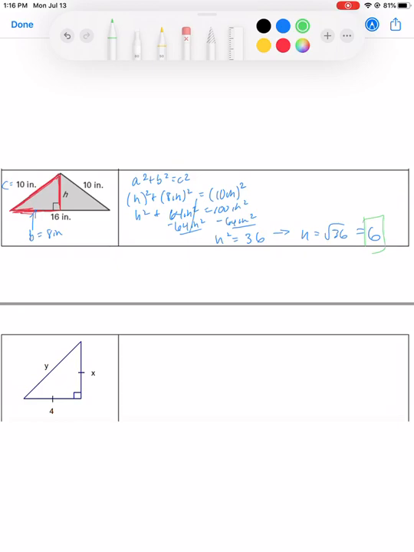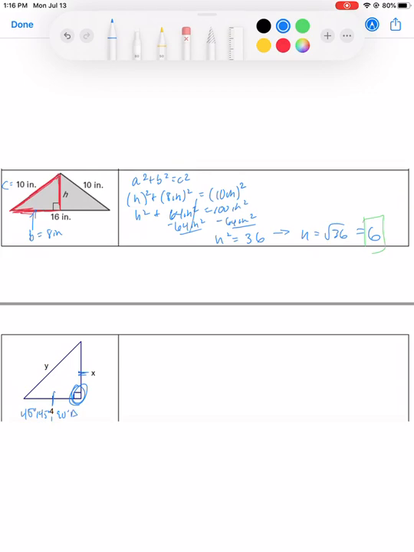Next one is an isosceles triangle that is right. So we can deduce that because this angle is right here, this and this are the same. It means that we have a 45, 45, 90 triangle here.